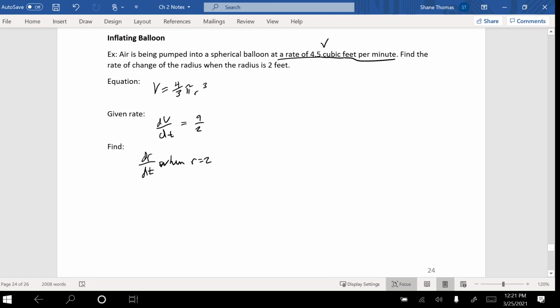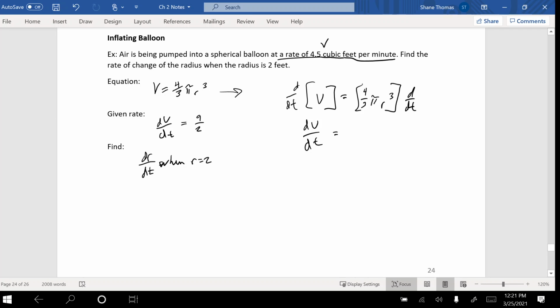All right, so let's take this guy and differentiate it. So we're going to find d/dt of V equals 4/3 pi r cubed. On the left side, I'm just going to have dV/dt. On the right side, from the power rule, I'd have 3 go out front, right?